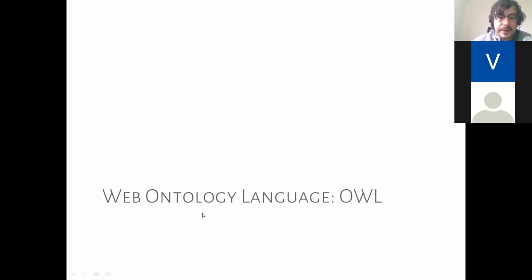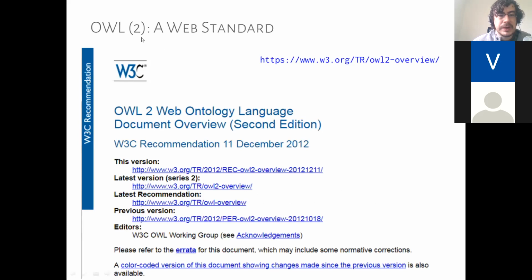But for today, we're going to talk about the Web Ontology Language, which has two versions. The second version was published in 2012. It's also a W3C standard, and it extends the RDFS standard that we spoke about in the last class.